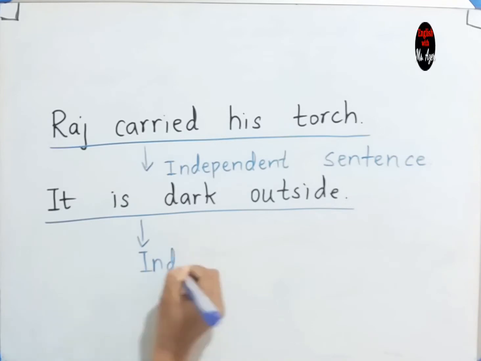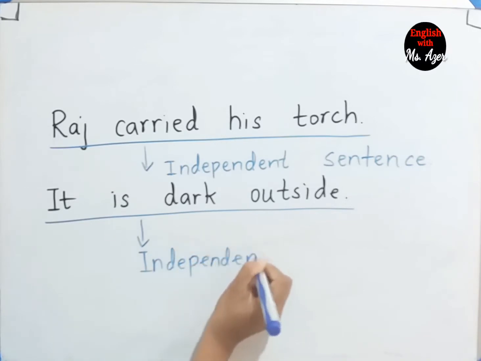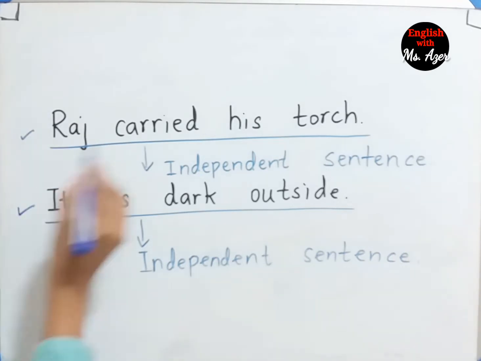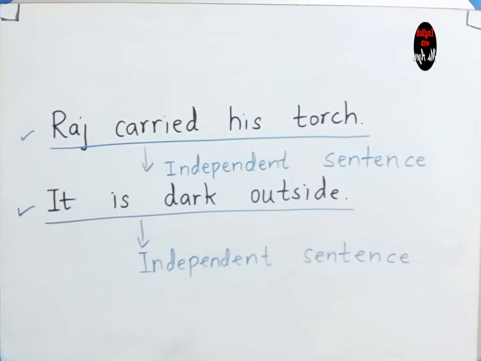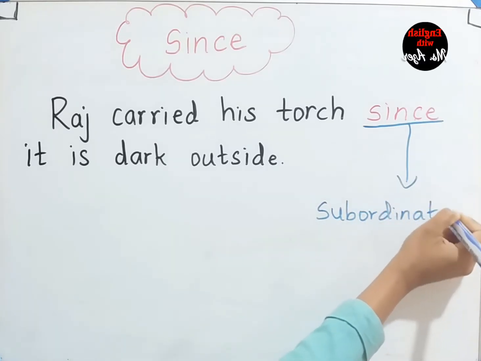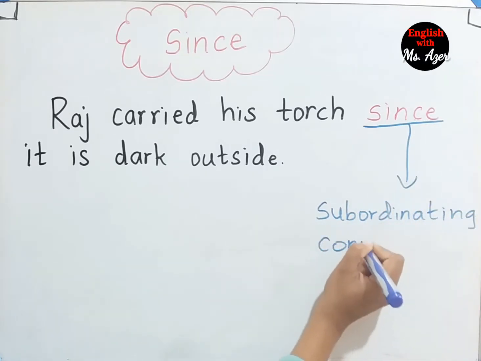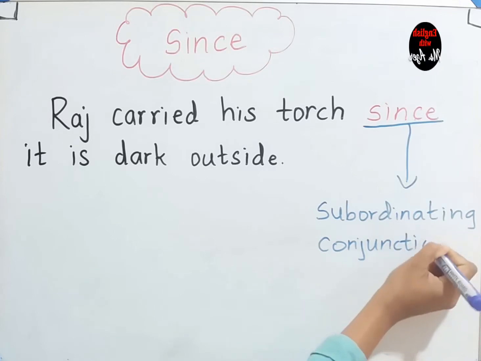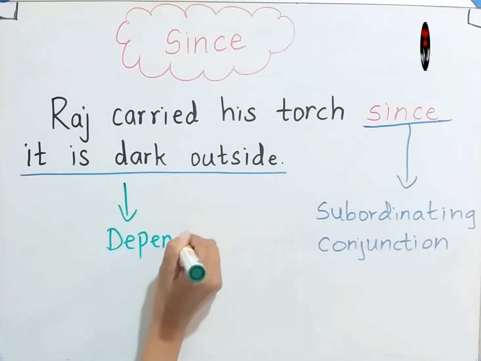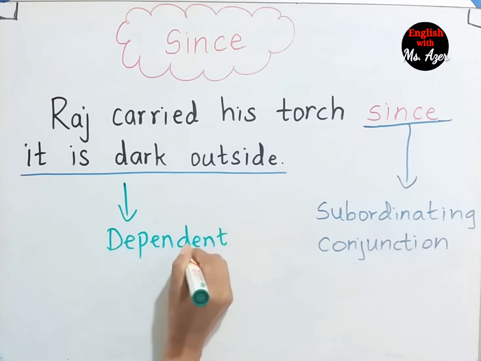Whereas it is dark outside is meaningful and complete, so it is also an independent sentence. When we link these two using the subordinating conjunction since, the clause since it is dark outside becomes dependent because it cannot stand alone to express a complete thought by itself.